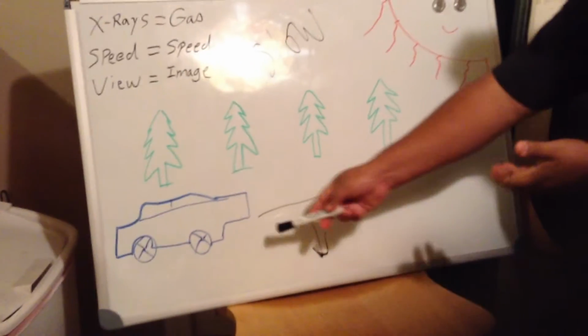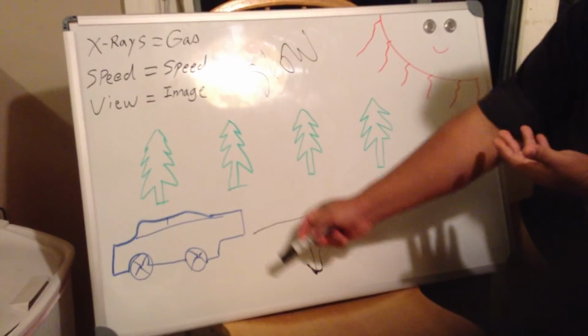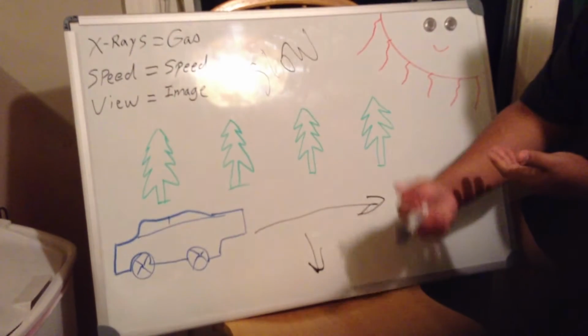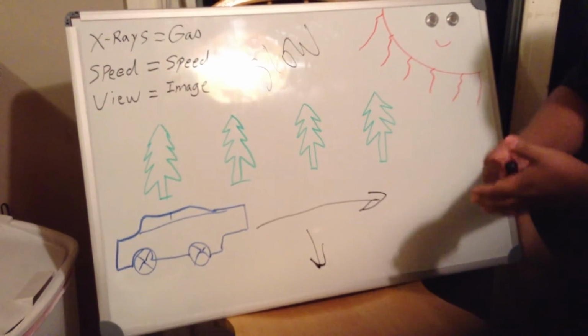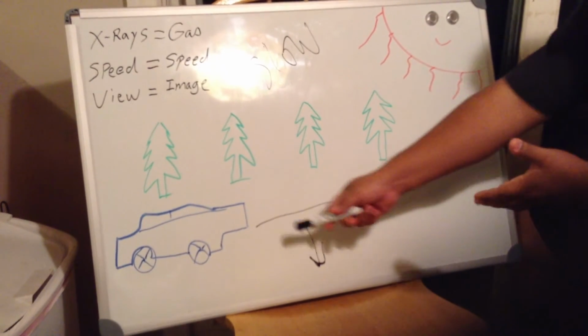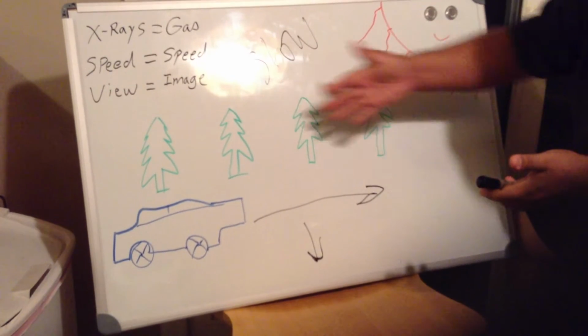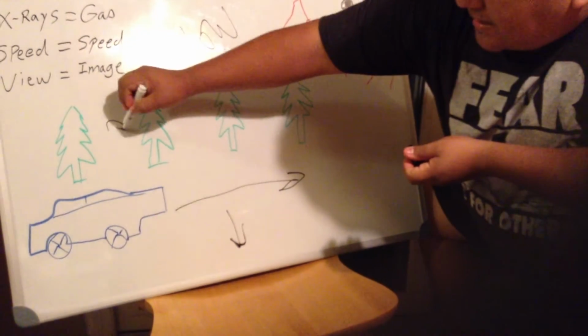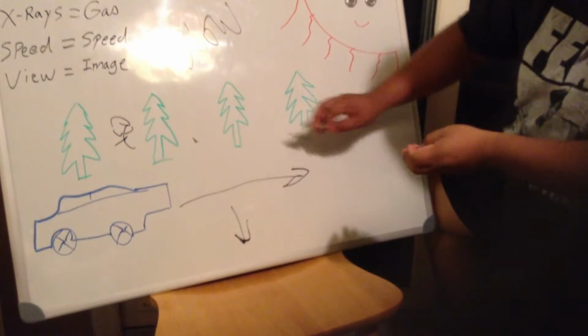What's going to happen? You're going to use a lot more gas, right? Remember that you're comparing the gas to X-rays. You're going to use a lot more X-rays because you're going a lot slower, but guess what? You're going to be able to see all the details. You'll see a person standing right here, we draw a little man, and a little squirrel and a dog here.